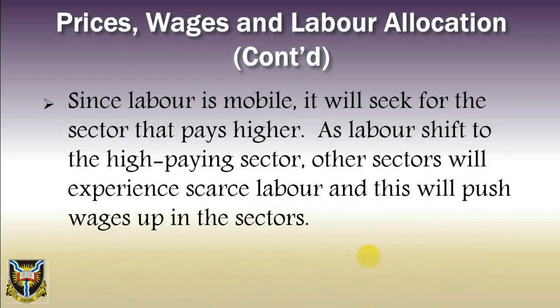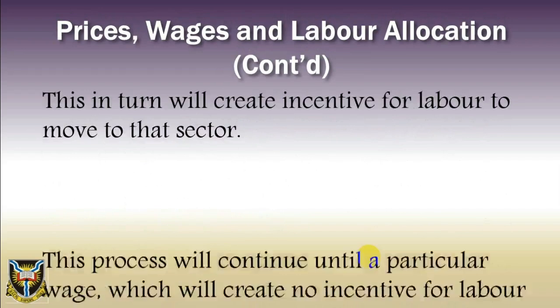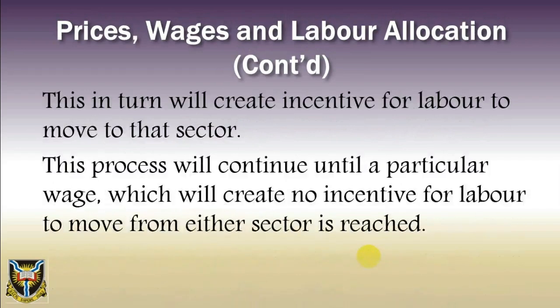As labor shifts to the high-paying sector, other sectors will experience scarce labor, and this will push wages up in those sectors. This in turn will create incentive for labor to move to that sector. This process will continue until a particular wage is reached, which will create no incentive for labor to move from either sector.